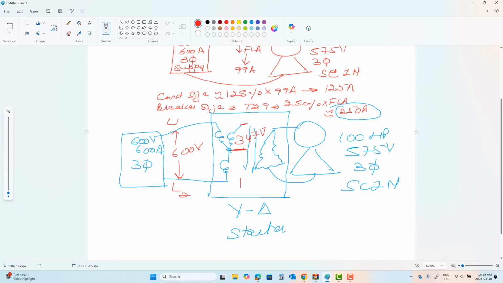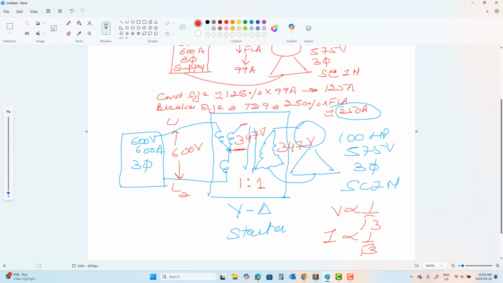So when the transformer between these two items is 1:1 ratio, my motor is now starting to work on 347, not 600. If my motor is getting a voltage which is 1/√3 times the supply voltage, the normal current rating of my FLA will not be 100 amps, it will be 1/√3 of the same value.